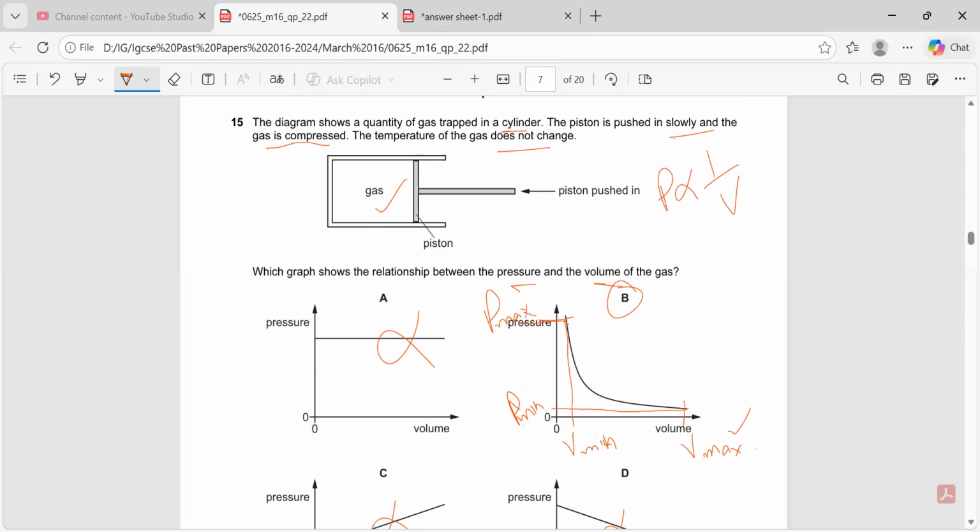And why are we going to use this rule? Because when it is mentioned that temperature is constant, it means the relationship between pressure and volume. So we know when the volume of a gas is decreased, meaning this piston is pushed in, the separation between the gas molecules will be decreased.